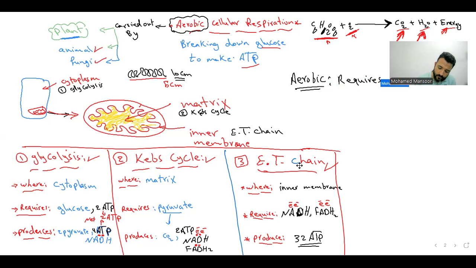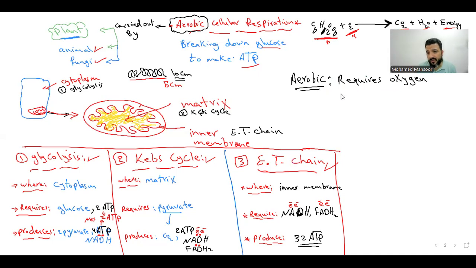But why did we need to say oxygen? Aerobic bacteria live in places with oxygen. Anaerobic bacteria don't need oxygen to survive, like those living in our digestive system, which don't get oxygen there.